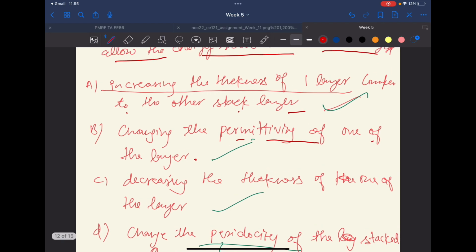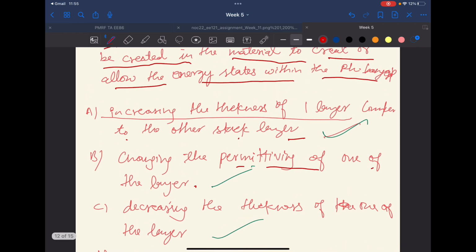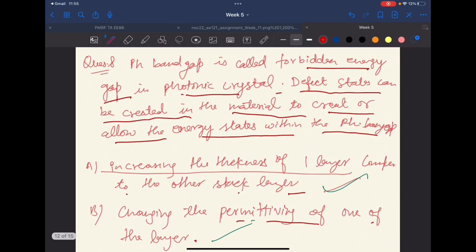So decreasing the thickness of one of the layers. This question says the photonic band gap is called the forbidden energy gap in a photonic crystal. Defect states can be created in the material to allow energy states within the photonic band gap.